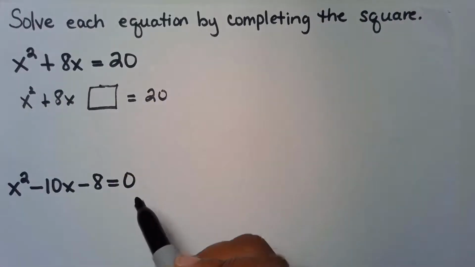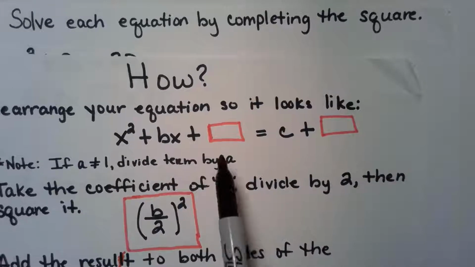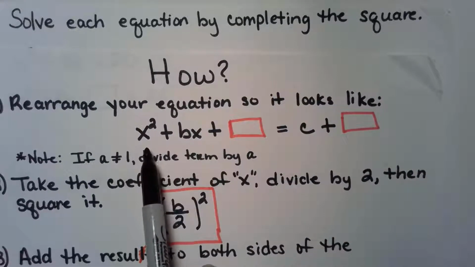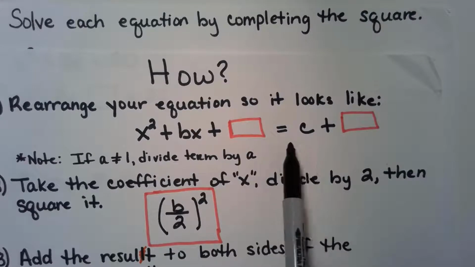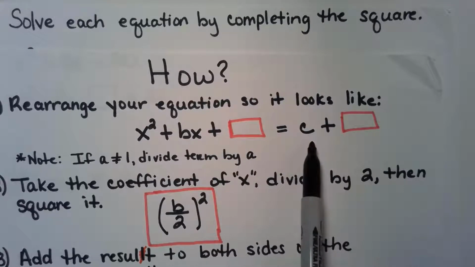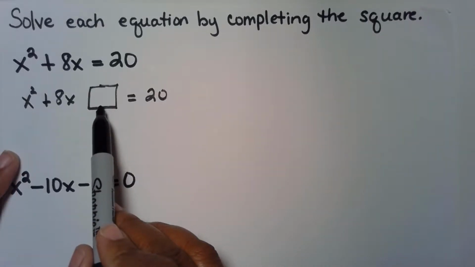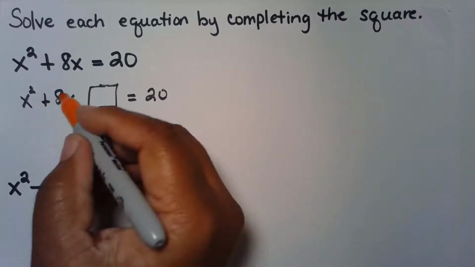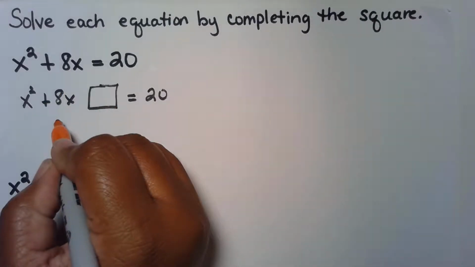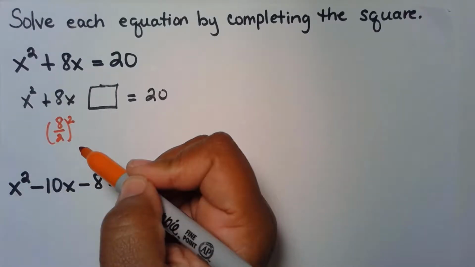Okay? So remember, the instruction says that we want to rearrange our equation so it looks like we have x squared plus bx on the left hand side equals c, which is the constant term. So we want to fill in this missing part. So what we're going to do is take half of the middle term, half of the coefficient of x, which is half of 8, and then square it.